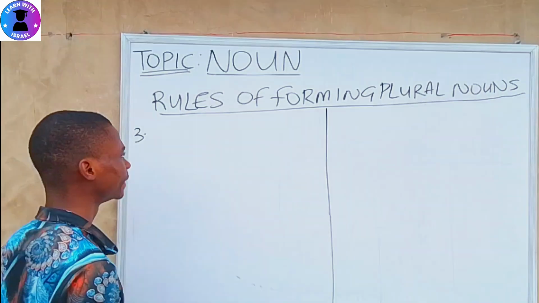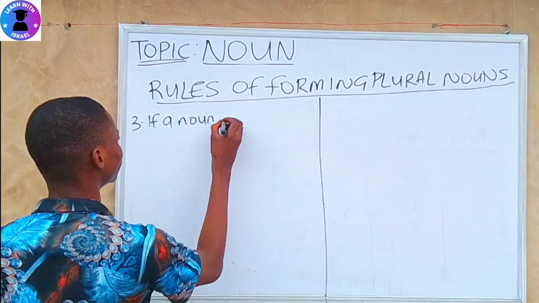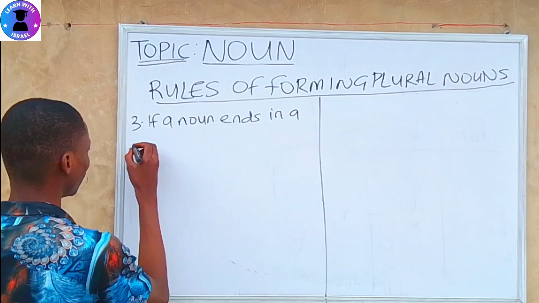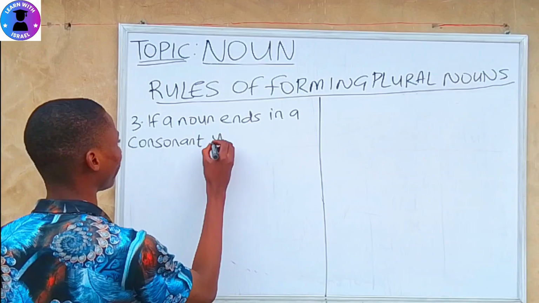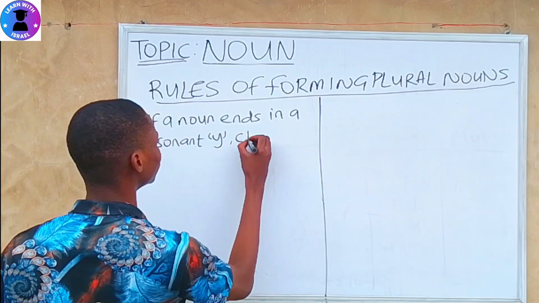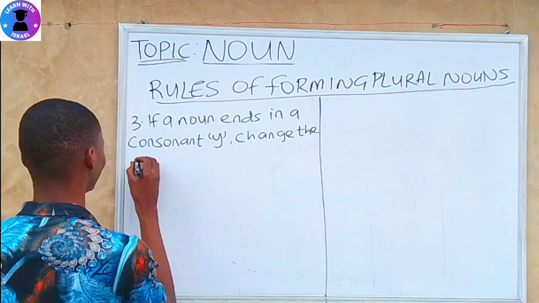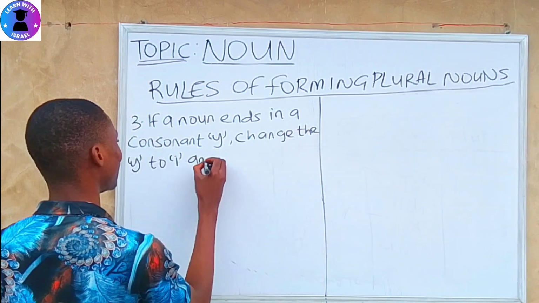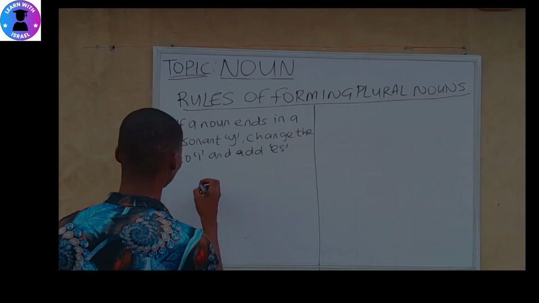The third rule is if a noun ends in a consonant plus y, change the y to i and add es. So let's check.